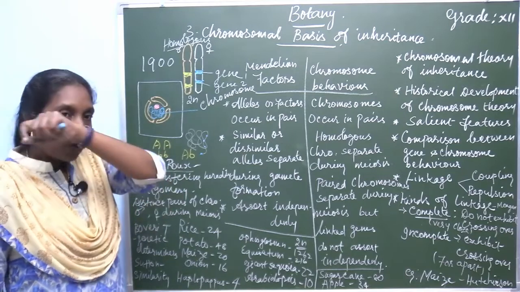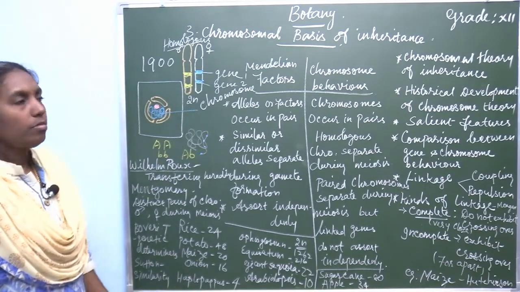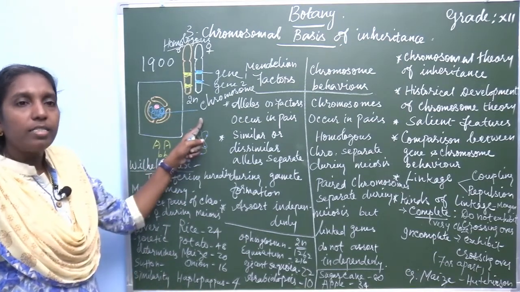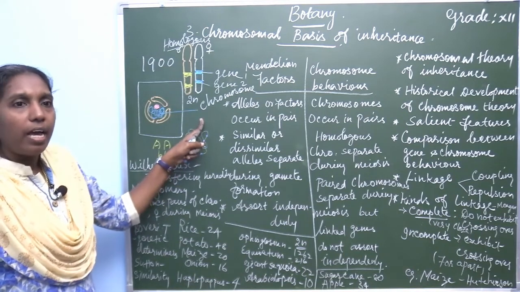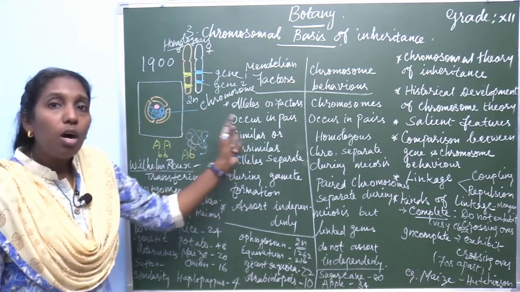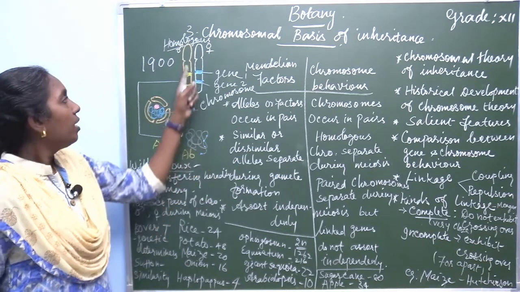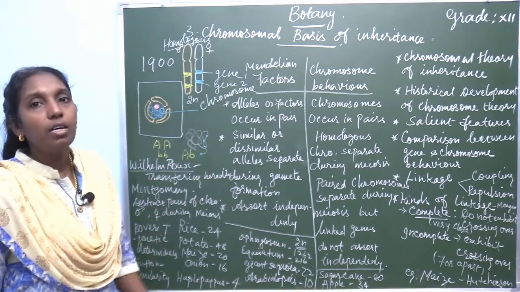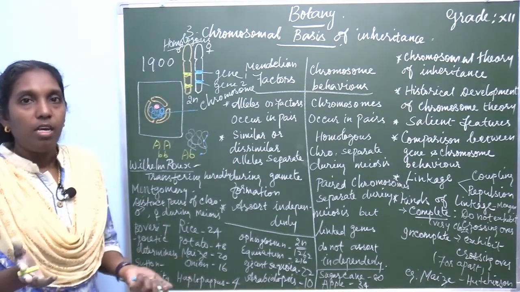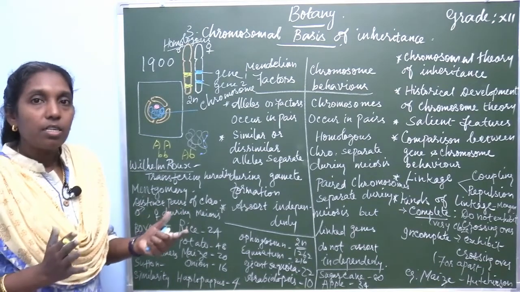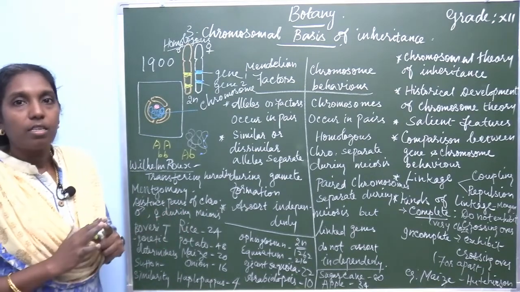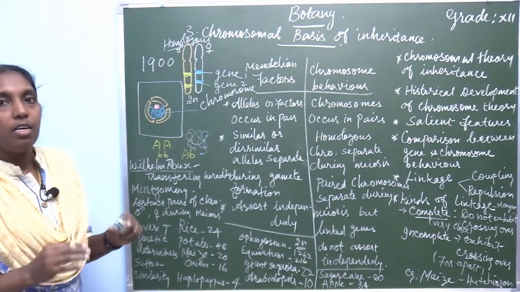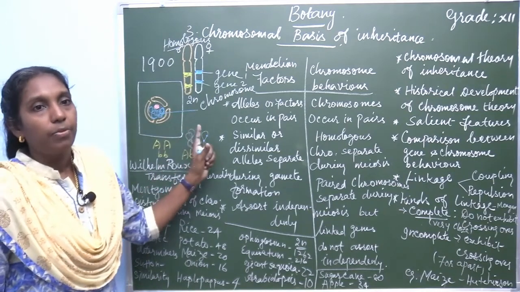Then the chromosomes have structural uniqueness. Throughout the life cycle there is a uniqueness in the chromosome. There is no change. If any change occurs in the chromosome, mutation takes place. Lifelong it is there.